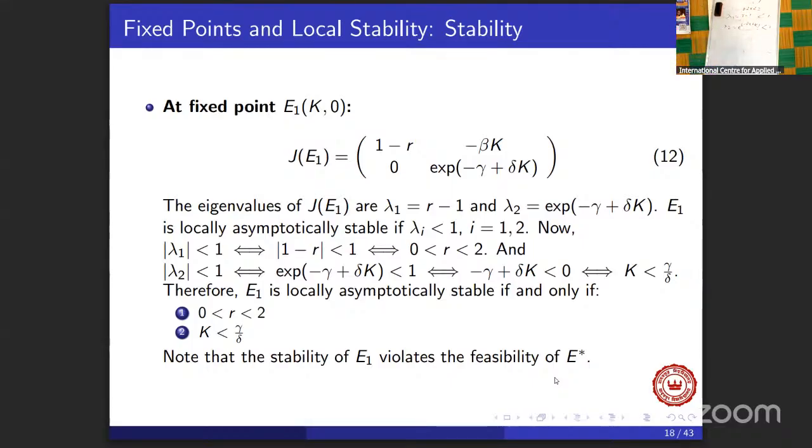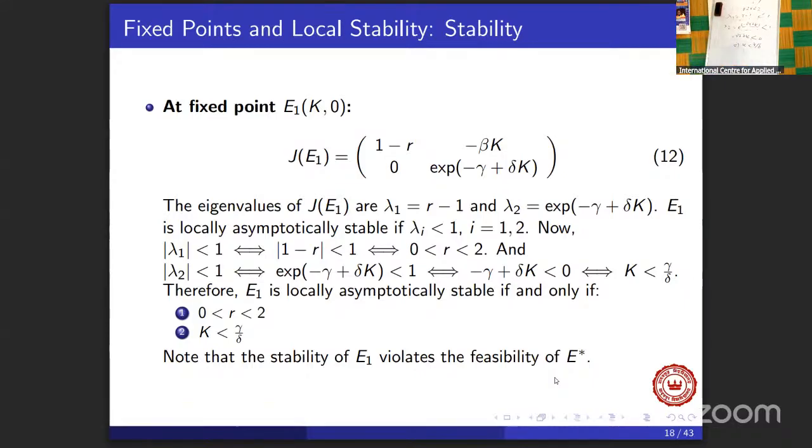That gives lambda value less than 1. And the second exponential value is e to the power of this. So how can you get it? If this value is negative, that is minus gamma plus delta K is less than 0, that means K less than gamma by delta, then the system is stable.